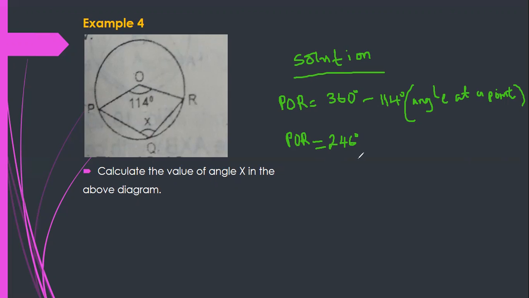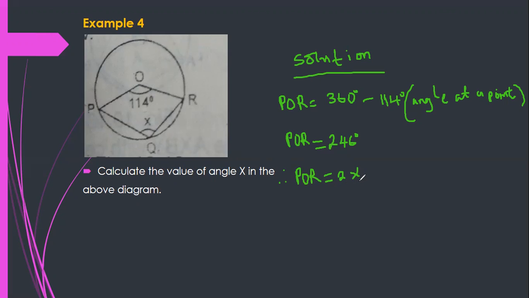So also we can say that this is reflex angle POR, therefore angle POR is equal to 2 times the angle at the circumference. The angle at the center is twice the angle at the circumference. So we are looking for this angle. So we're going to say POR is equal to 2x, and I'm multiplying this time.